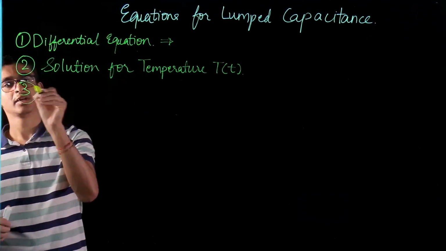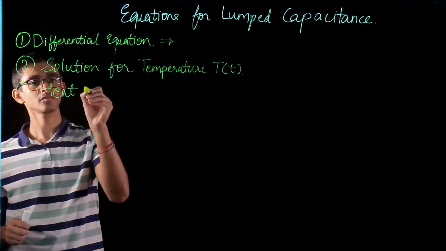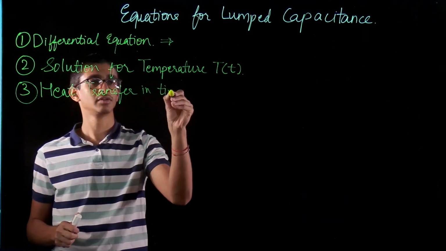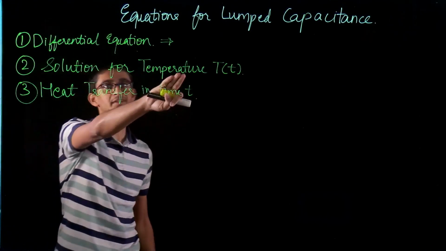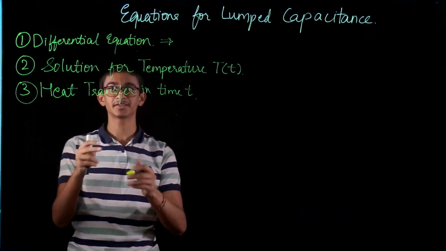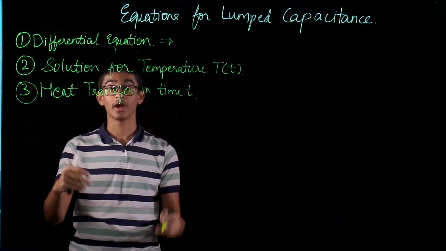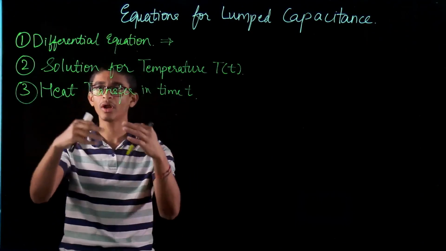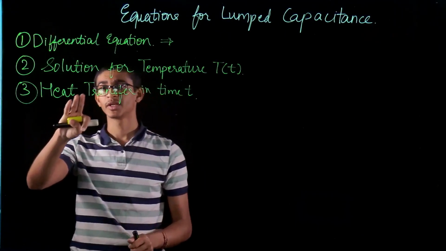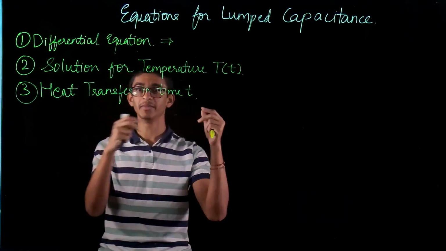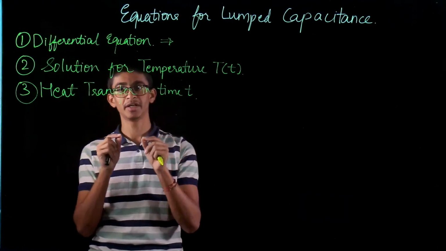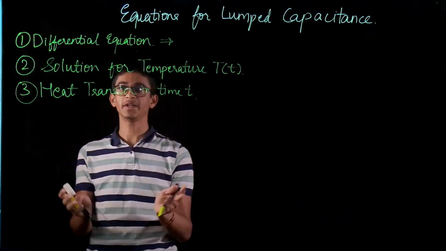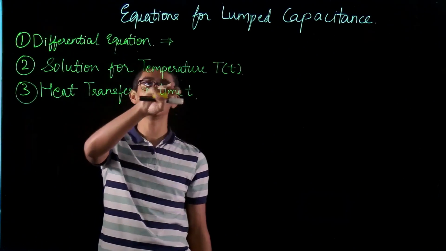And the third, heat transfer, which is happening in time t. As the temperature of the body changes, there is heat transfer happening, or the correct manner would be because of the temperature gradient, not inside the body, but between the body and the surrounding, there will be some heat transfer from the surface, and because of that heat transfer, the temperature of the body will change.